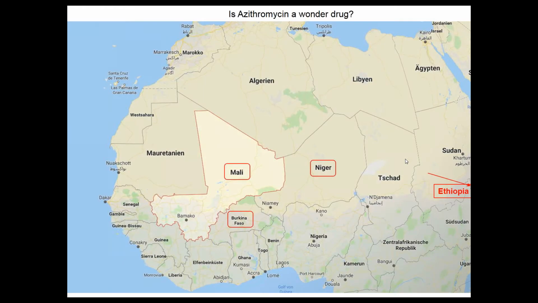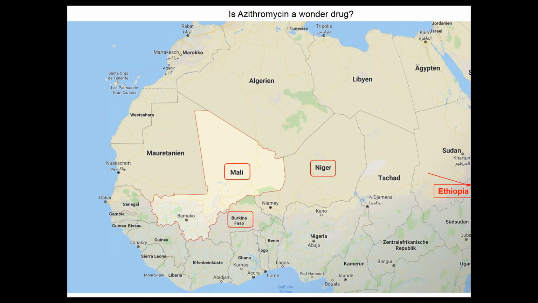And the story here started actually in Ethiopia in a paper that was published in 2009. And what was done here is that a macrolide antibiotic was given to Ethiopian children as a prophylaxis against trachoma, which results in blindness, as you know.